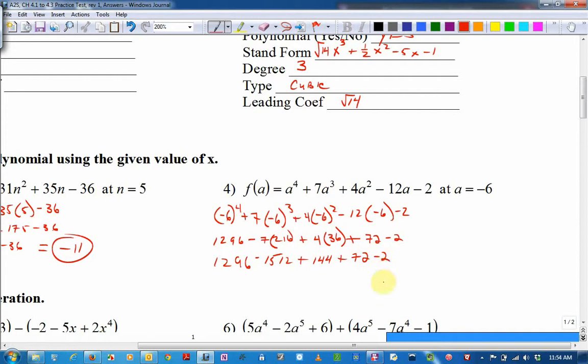Okay, let's use a calculator. And if I put those in the calculator, I get a negative 2.